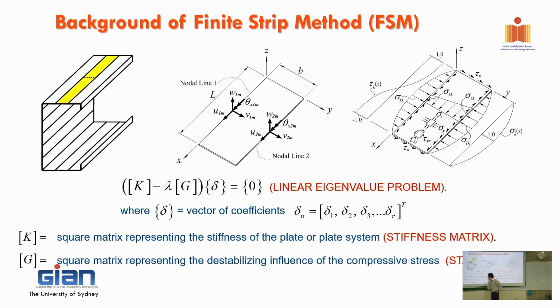K here is the stiffness matrix, and G is the stability matrix. That is all built and coded into THIN-WALL-2, and then you run it. To do that, you need programming, but that's done by Professor Hancock. Then we compile it into the exe file that you have, and you run it.